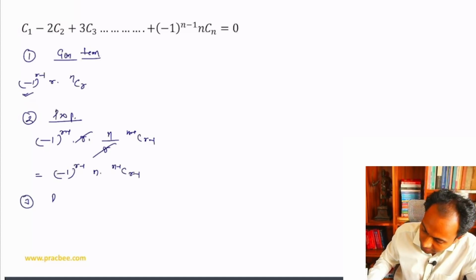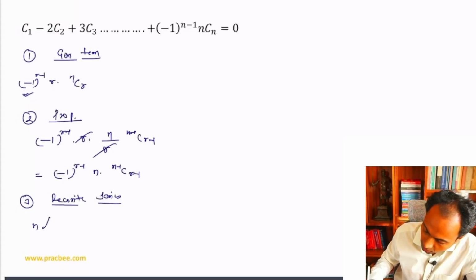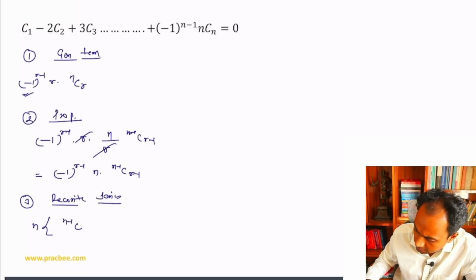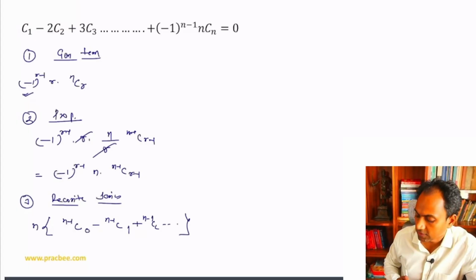Third step, we rewrite the series. If I rewrite the series, n can be taken common. The first term becomes, if I put R as 1, n minus 1 C naught. The next one will become minus n minus 1 C1. The next one will become plus n minus 1 C2, and it will go till the last term.